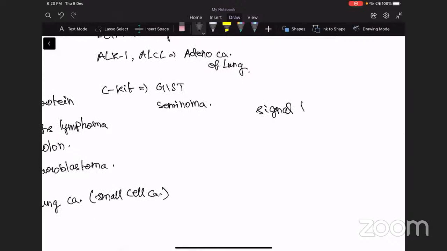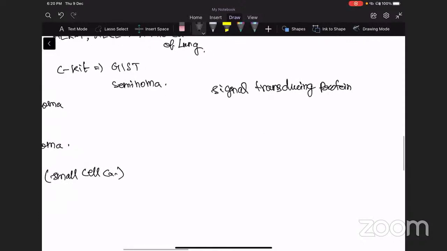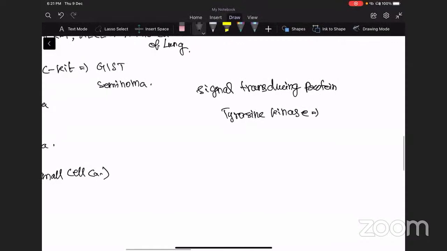Tumor can be because of a signal transducing protein mutation or alteration like tyrosine kinase. Yes, tyrosine kinase altered in which cancer?